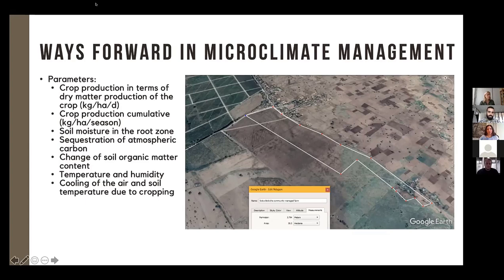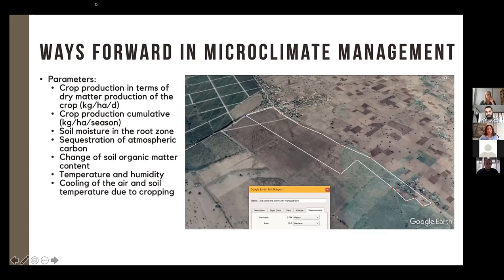These are the main parameters that we'll be measuring, but we're also exploring what sensors we can get into the field and which parameters we can really measure, and plug those all into a system to see how everything is interacting and prove that microclimate is a way of empowering farmers to take control of the climate in their area.